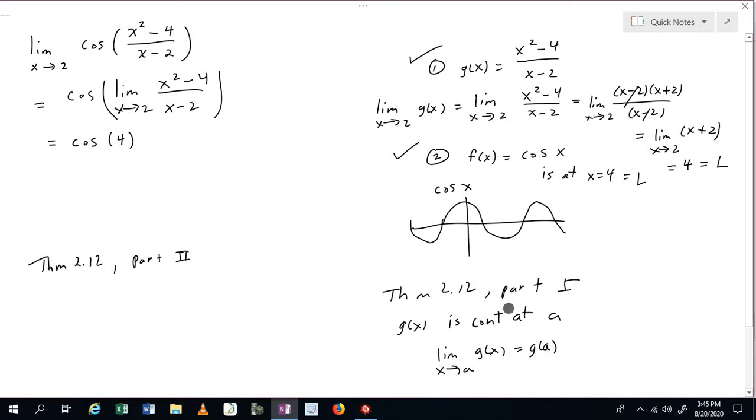So notice up here, this limit of g of x as x approaches 2 is equal to 4, but g of 2, let's see what g of 2 is. If you plug a 2 into g, you get 0 over 0, which is undefined.